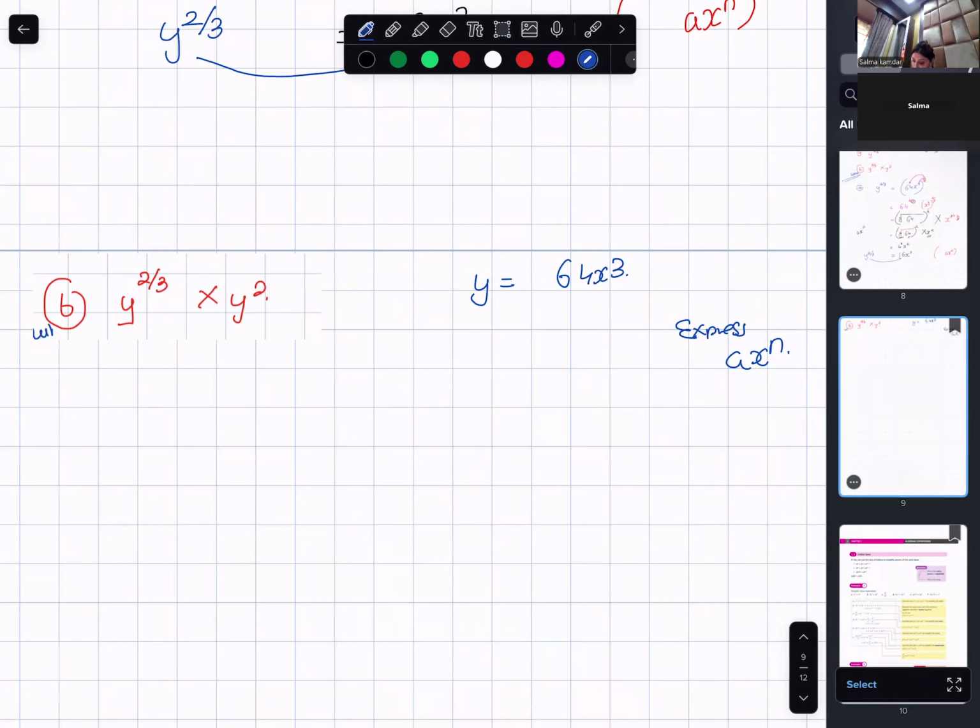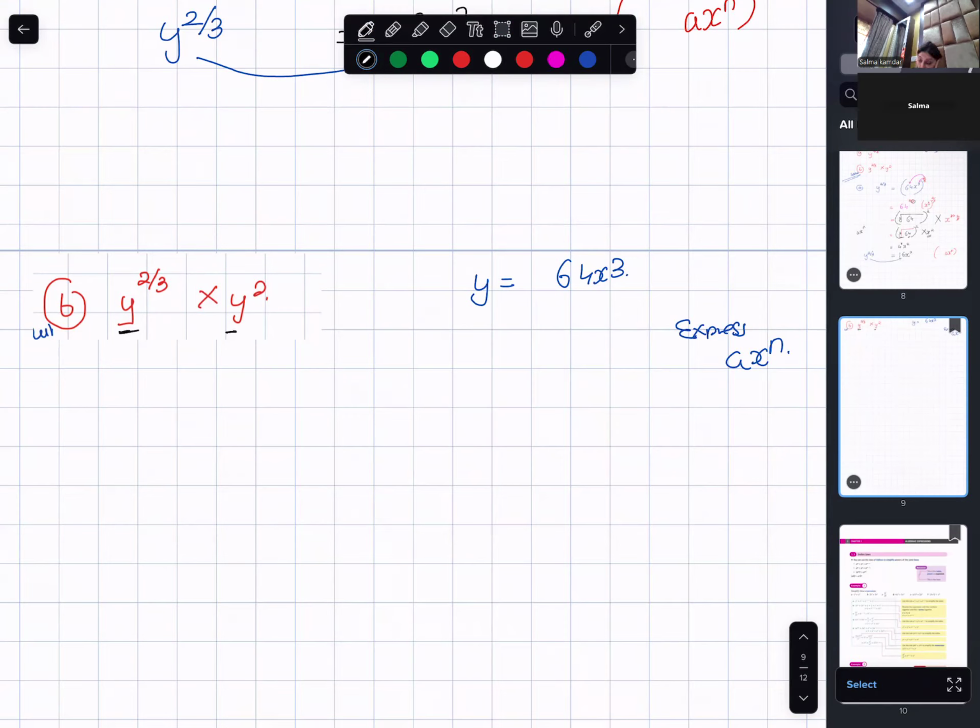Okay? Come on. You cannot apply more than one index law at a time. Try. Base is the same. What will you do? Will you apply multiplication mn, or will you first solve the first index law?